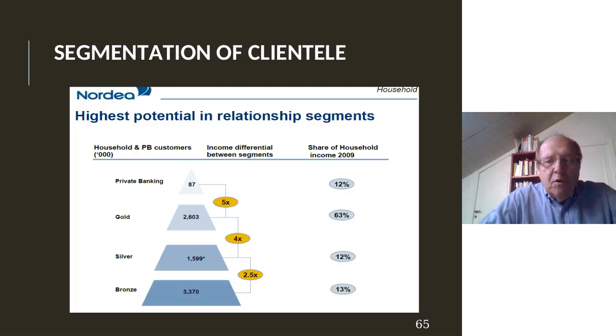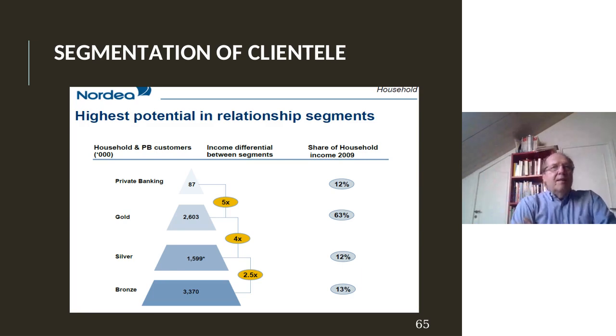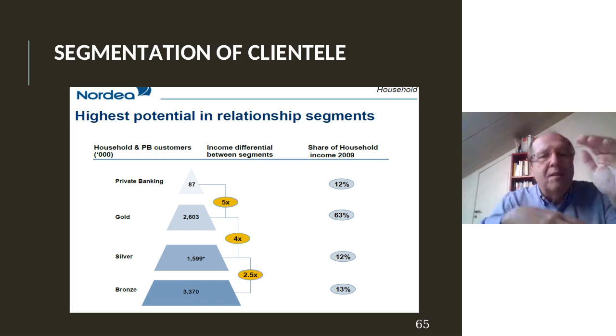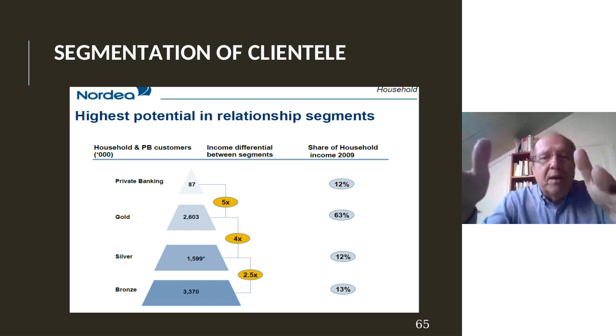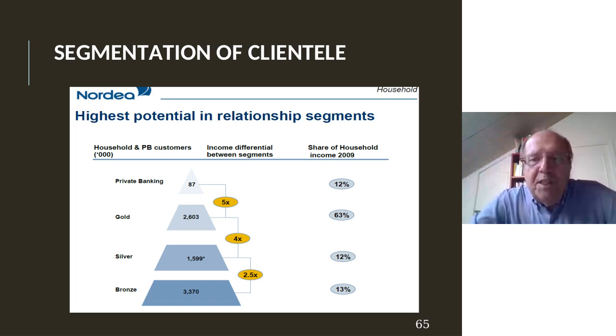We talked about the importance of segments. If the bank deals with very rich, wealthy people, obviously the revenue per client will be very high. If you work on the mass market, the revenue per client will be quite small. But because you have many more clients on the mass market than in private banking, you generate an amount of revenue which is not negligible.